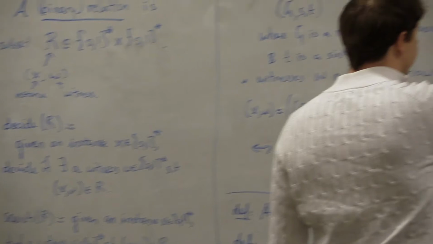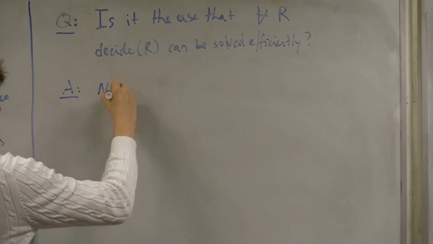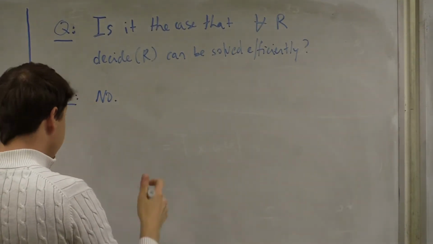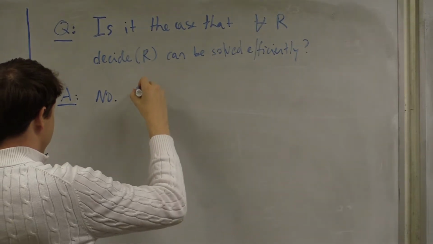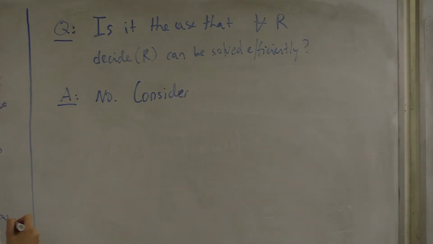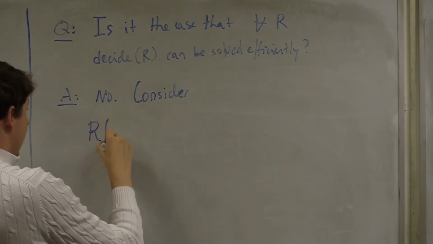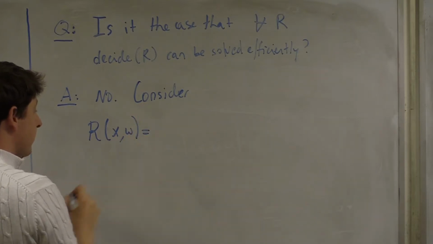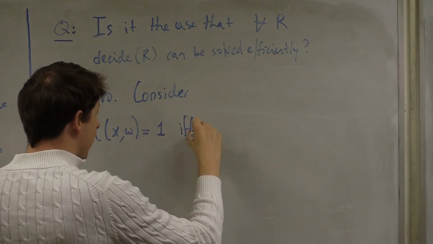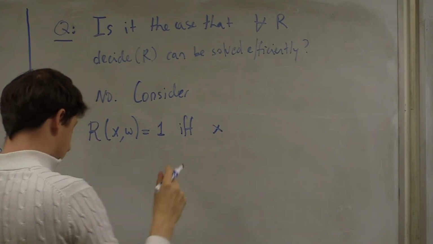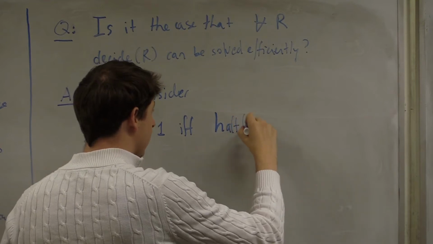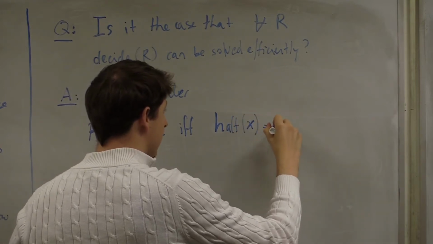But we know the answer, to some extent, is yes. We can define some very difficult relations to decide. Perhaps the quintessential one that you might have seen in other courses is the halting problem. We can model the halting problem as a relation. Consider R of x, w to be 1 if and only if halt of x is w.